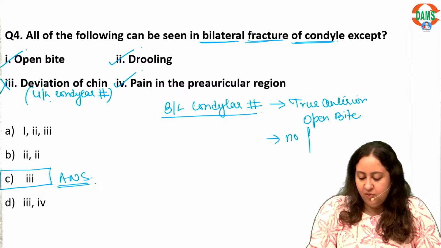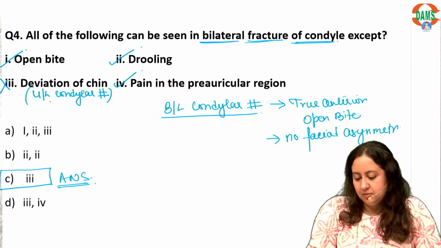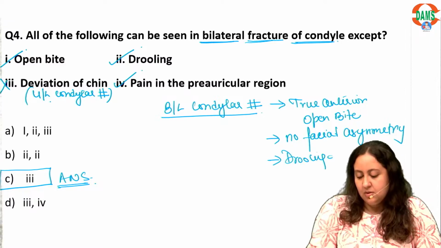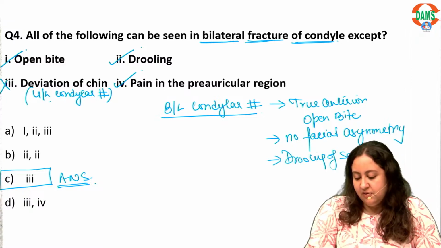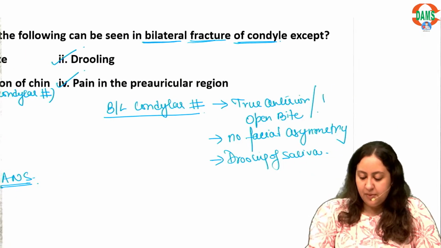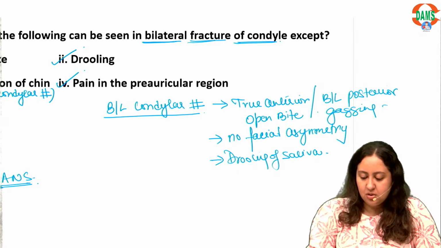There is no facial asymmetry, so no chin deviation. Drooling of saliva. And along with true anterior open bite, you can also remember bilateral posterior gagging of occlusion.